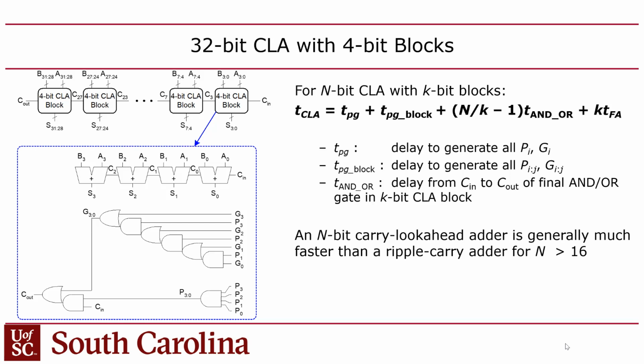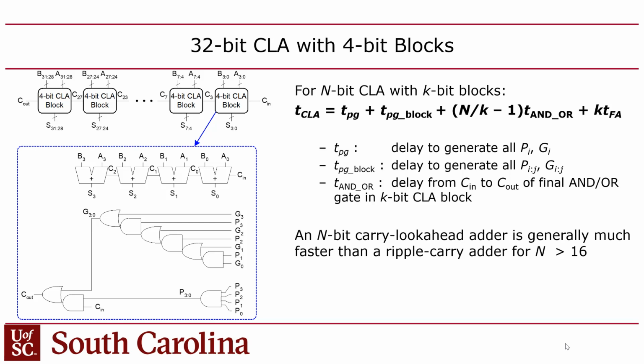Once you get done with that, then you have to go through 7 more of these blocks, but not through the whole block, only through these 2 parts. So if I took this whole thing and replicated it over here for the second block, this carry out would only have to go through this part on the second block, because there's an input we need here.